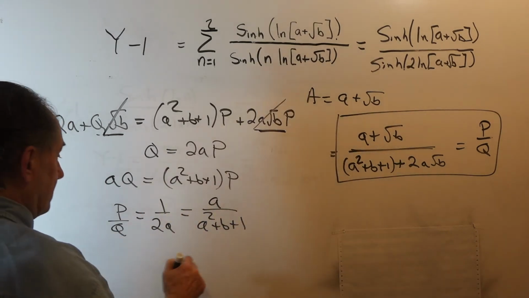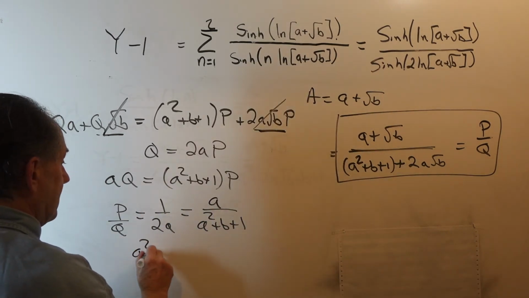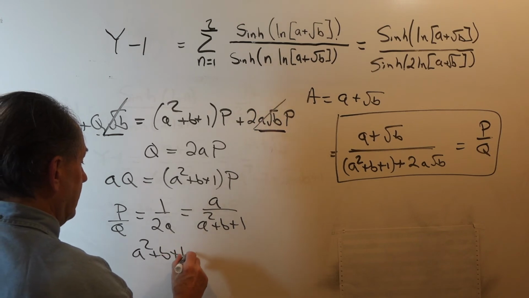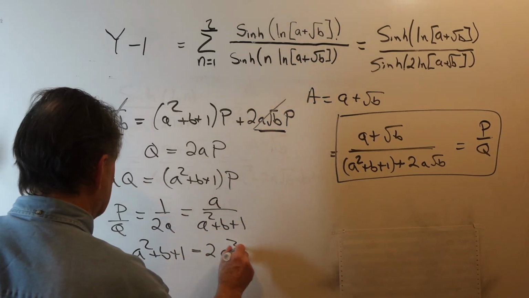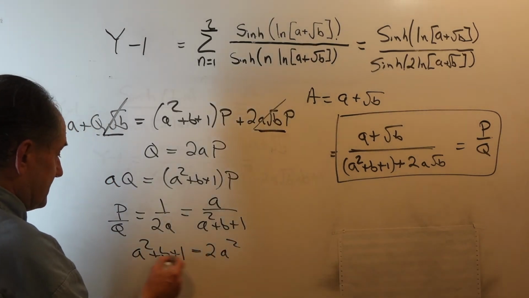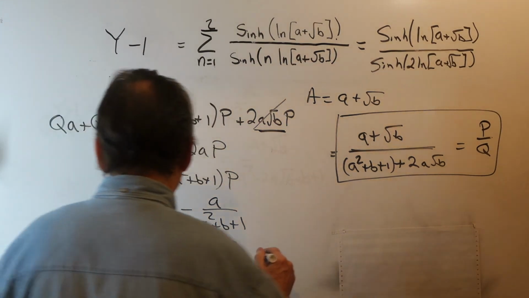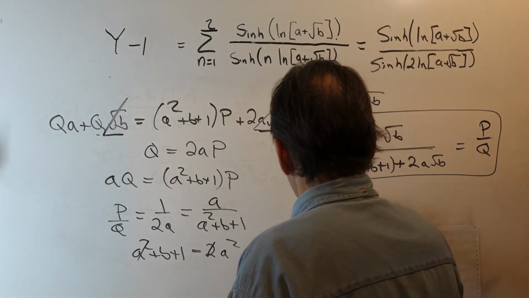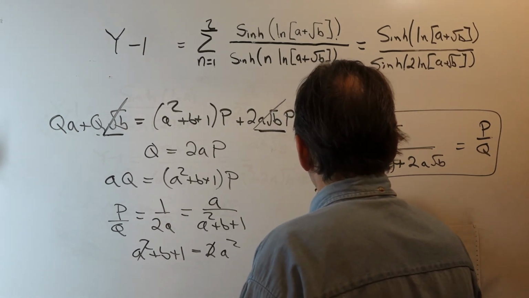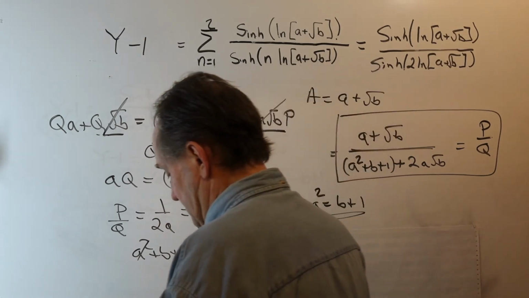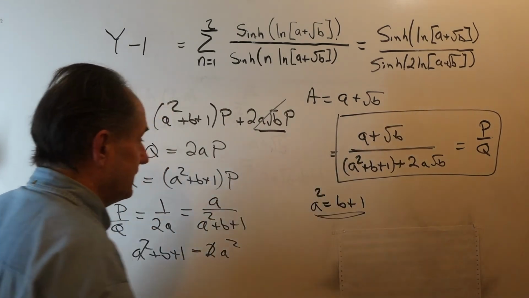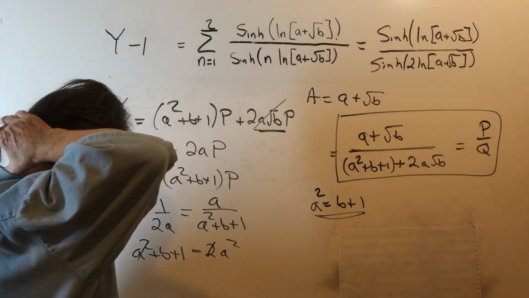We can cross multiply, and we have a squared plus b plus 1 is equal to 2a squared. And a squared cancels on each side, so we're left then with a squared equals b plus 1. That's the relationship between a and b.